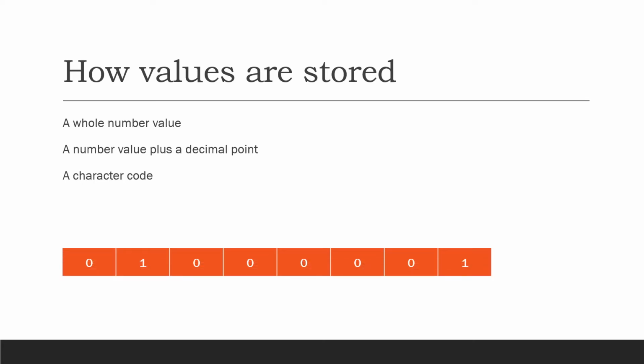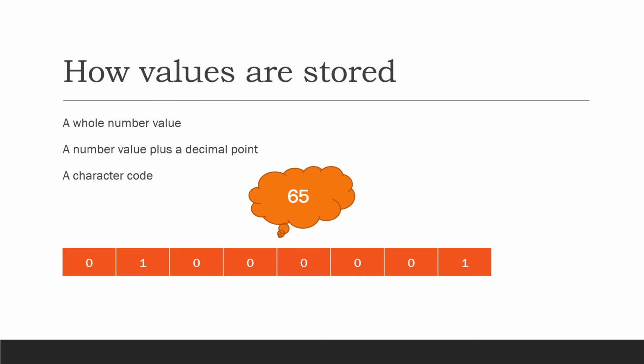These on-off circuits, called bits, are collected into groups of 8 called bytes. And here's a representation of a single byte. 2 of the circuits are on, 2 of the bits have the value 1, and the others are off. They have the value 0. So this is a pattern of bits, and the computer can use it to store data.